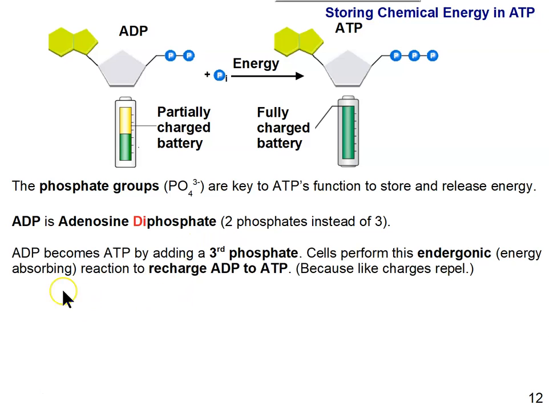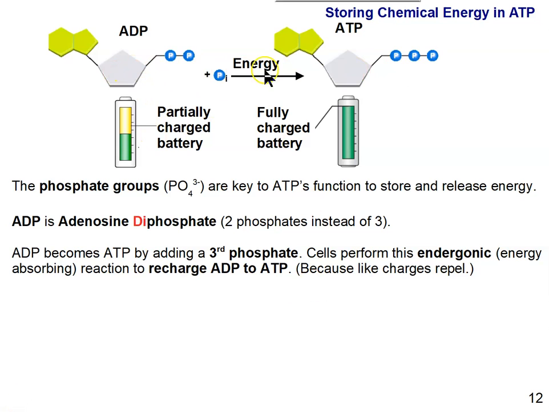ADP becomes ATP by adding a 3rd phosphate. What cells do is recycle ADP to ATP, or recharge ADP to ATP. So whenever ATP is used, it becomes ADP, and then ADP can be recharged back into ATP simply by adding a 3rd phosphate to go from adenosine diphosphate to adenosine triphosphate.